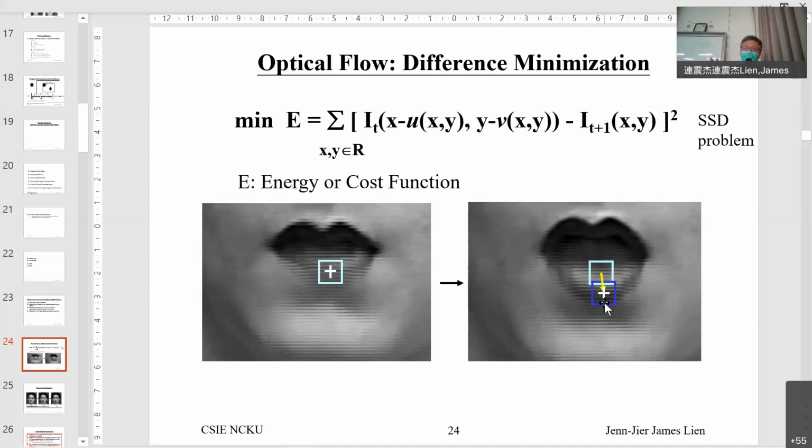In stereo, we try to reduce the 2D search to a 1D search, based on the epipolar line. Optical flow does not need a 2D search. It will track along the motion direction.